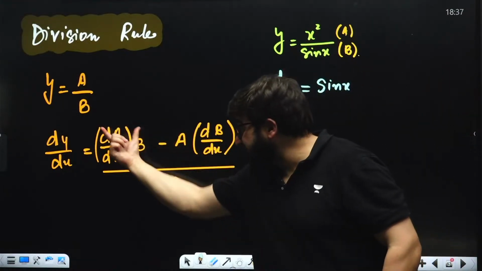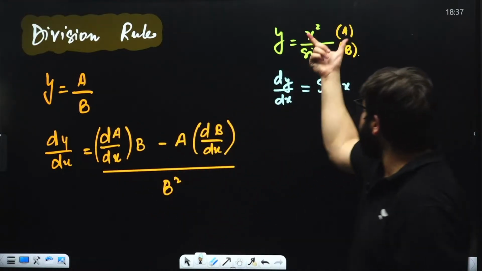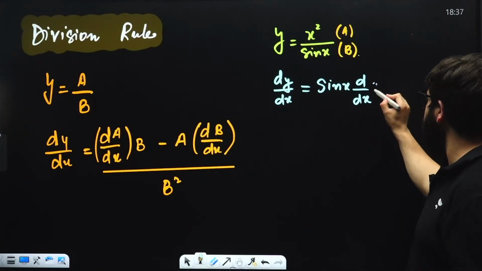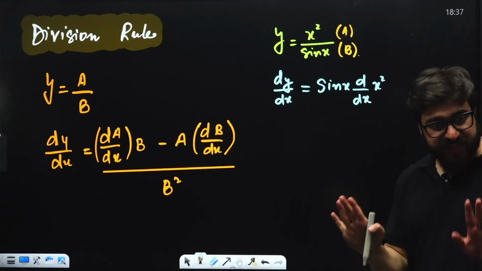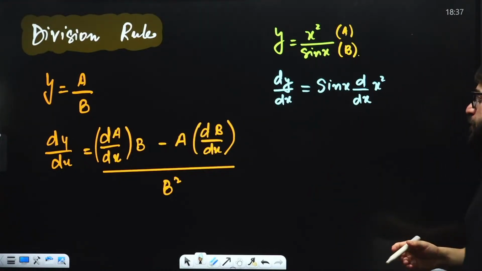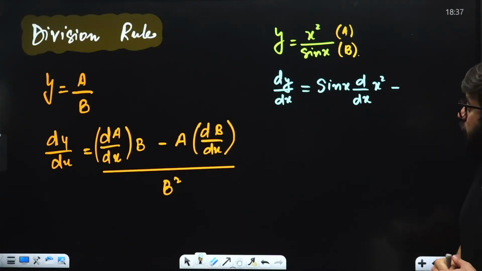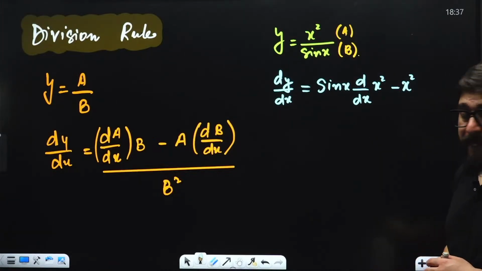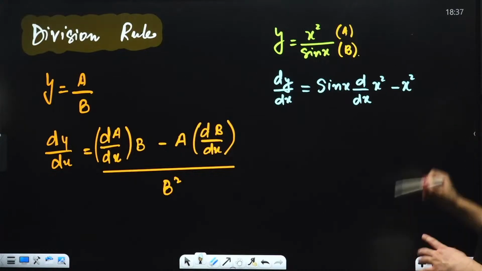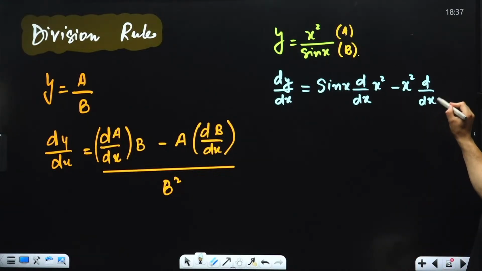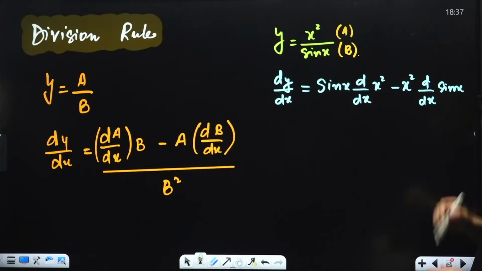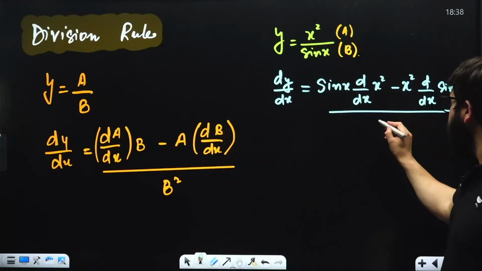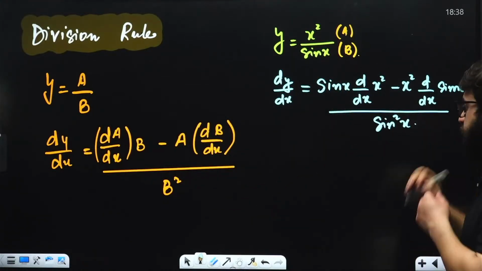Then dA by dx, differentiation of A. A is x square, that is d by dx of x square. We didn't do the differentiation as of now, but we'll do it in the next step. Then minus, keep A as it is. What is A over here? That is x square. Then differentiation of B, so d by dx of sine of x. And whole divided by B square. What is B? That is sine square of x.